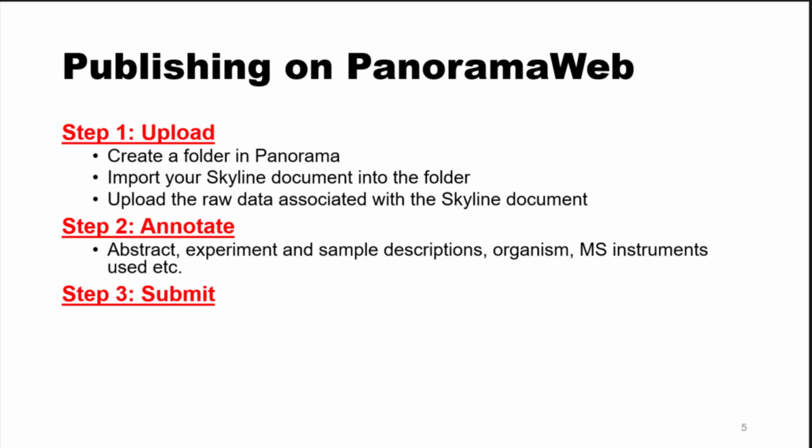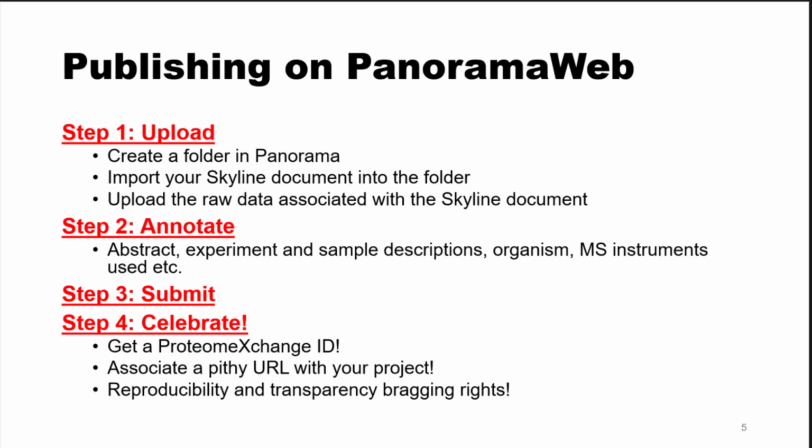You would hit submit, and then you get a ProteomeXchange ID for all of those raw data. You can get a shortened URL for your project. So instead of having some garbled set of numbers and letters, you can just have it be called something like mypaper.url. It's really nice for reproducibility and transparency.